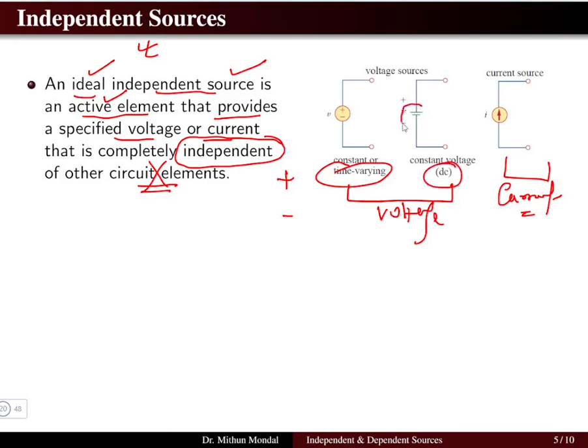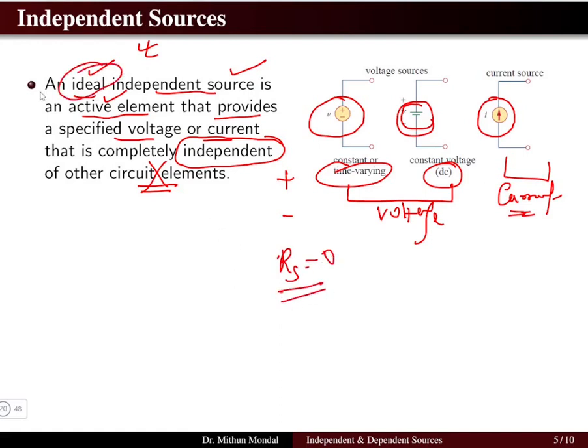If we have two parallel lines, it means it is a battery, and if the sign is given with a circle, then it can be constant as well as time varying. Whereas if the sign is given with an arrow, then it is a current source. Here in both circuits, we don't have any internal resistance Rs, which means that it is an ideal source. If there is some resistance associated with it, then it is known as a practical source.